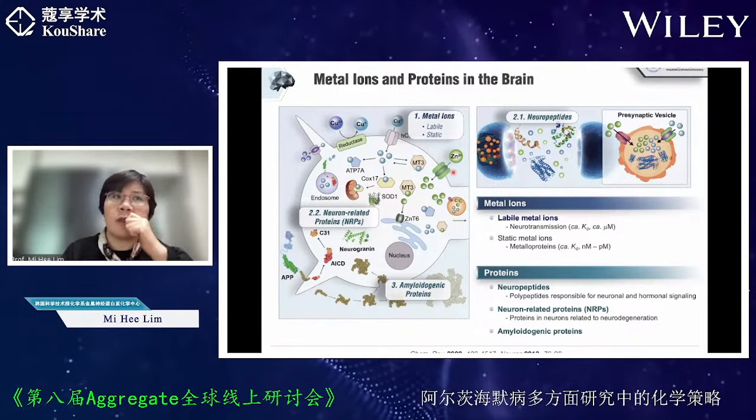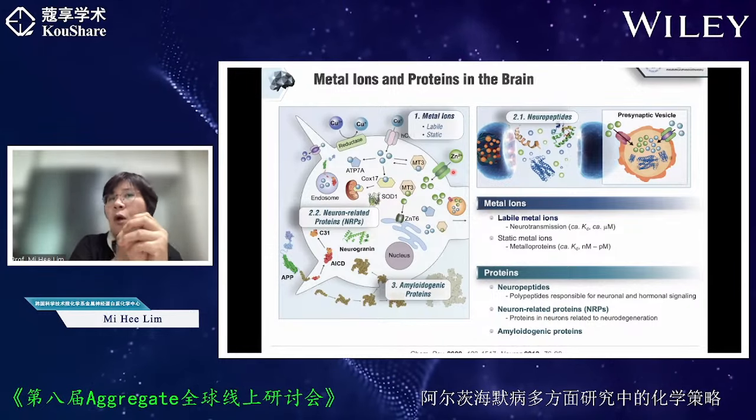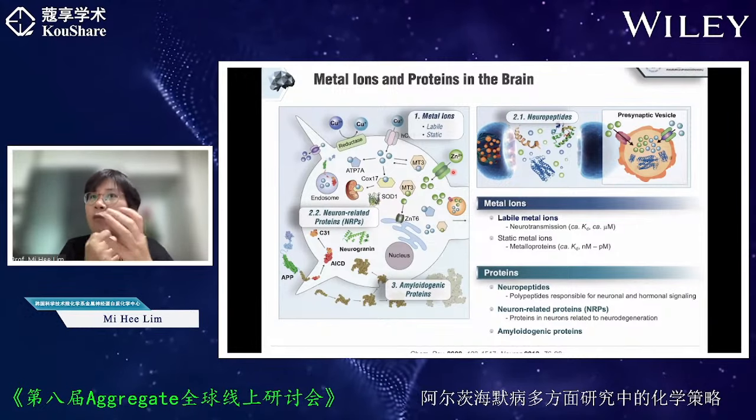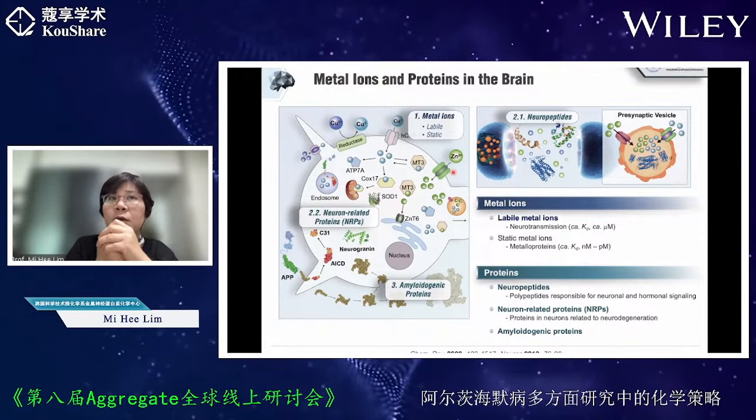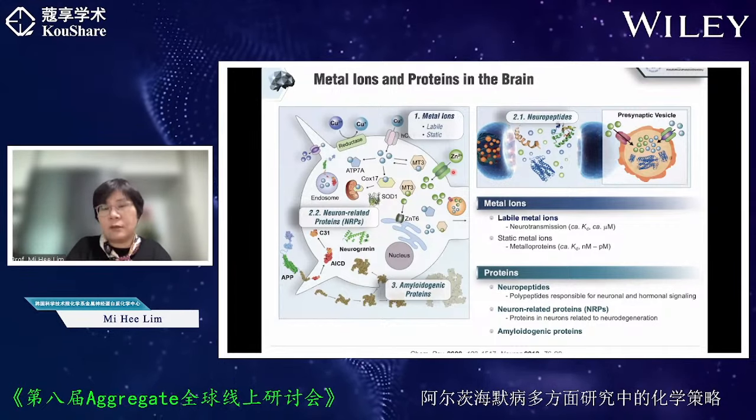So we have been thinking that from understanding their direct interaction, maybe we can find some toxic or non-toxic species, and maybe we can find a new biomarker or therapeutic target for the Alzheimer's disease state.